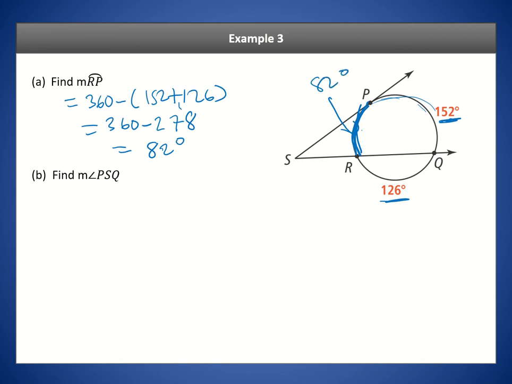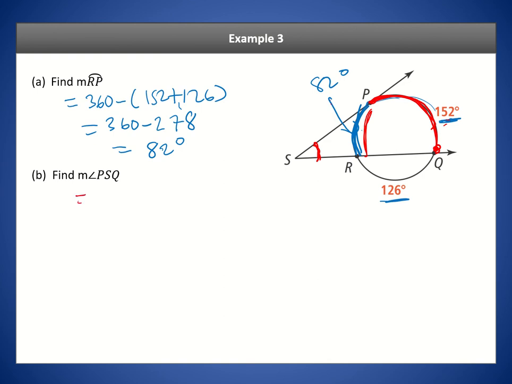All right, so now we're going to find the measure of PSQ, which is this angle here. So using the theorem from earlier, Theorem 10.10, one of the cases here, you're going to take the intercepted arcs, which is this one here, and this blue one on the inside here. You're going to take the difference between those 2 arcs and then divide by 2.